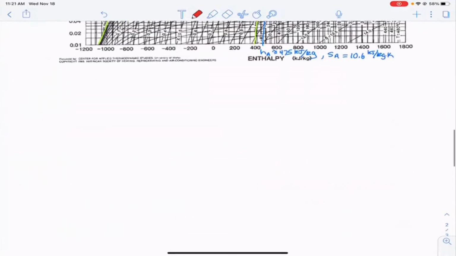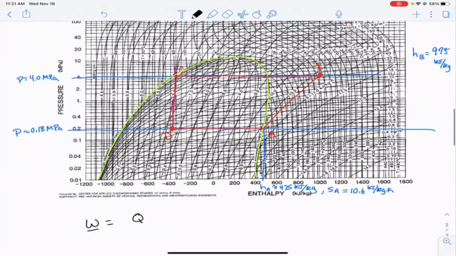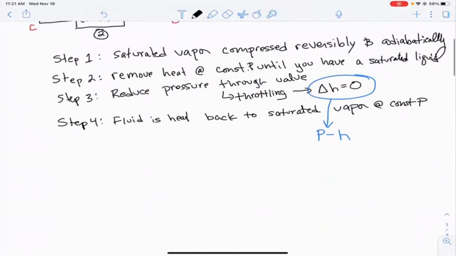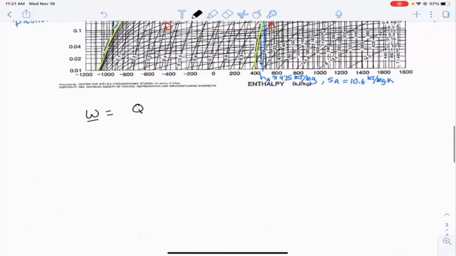We already defined the coefficient of performance as being equal to the heat absorbed at a lower temperature, so that's going to be Q for our step D to A, which is in the evaporator. So that's Q evaporator divided by the net amount of work that's performed.